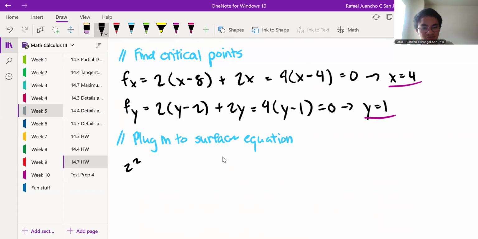So I just do z squared equals x squared plus y squared. This is just the same as z squared equals, I plug in my 4, I plug in my 1.